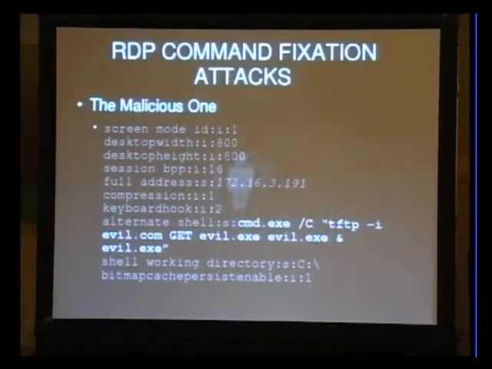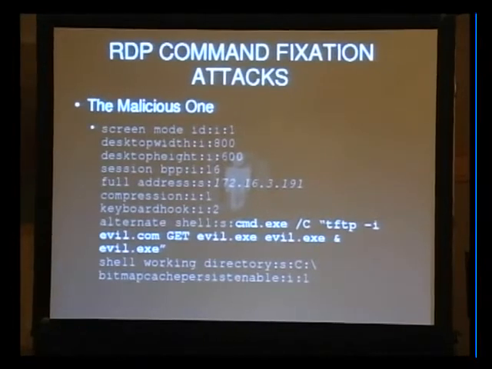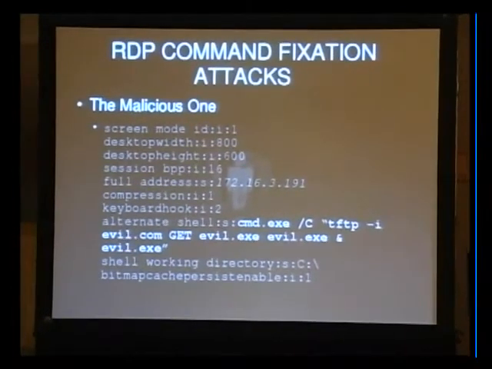Command injection attacks. Okay, so there's an argument for and an argument against this sort of attack. Some people will claim, well, if you can trick me to double click on a file, then why not just send me an executable? Now, we are going to discuss a few different configuration files used by Windows Terminal Services, remote desktop, and also Citrix.